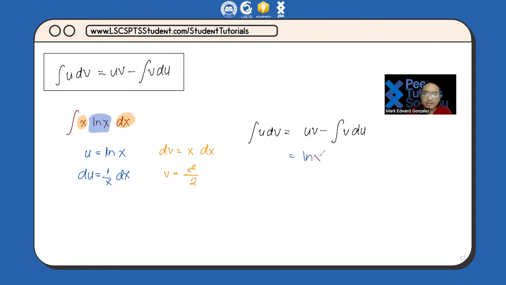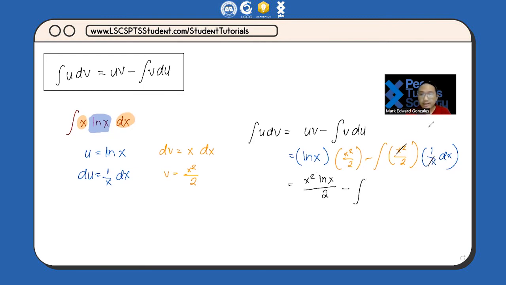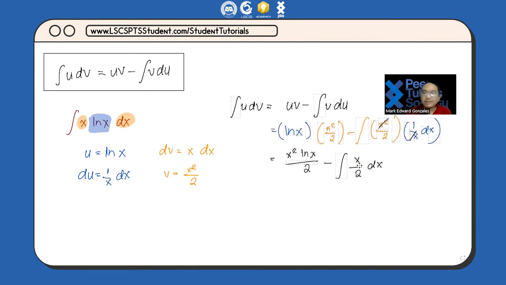U is ln x. We follow the color coding just to be clearer and a bit more visual. And v is x squared over 2, and du is 1 over x dx. We then proceed to some algebraic simplification. This is x squared ln x over 2 minus, cancel, that's x over 2 dx. Okay, we just move this upward to give us more space.